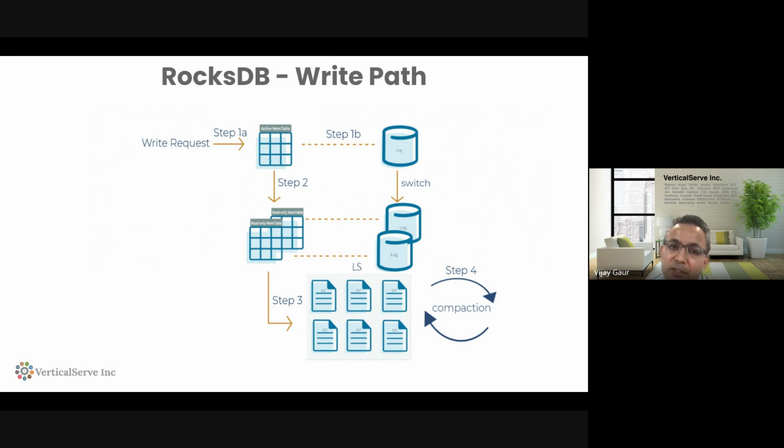When the write request comes, RocksDB internally has a concept of memtables. These are active memtables, which are again LSM tree-based data structures. You write your key and value until the write buffer fills up, which by default I think is 64 MB or so.